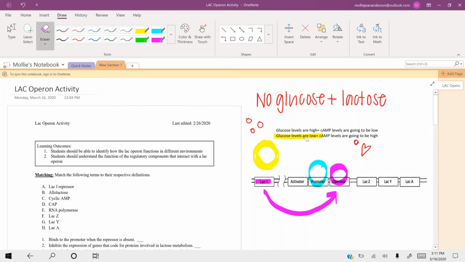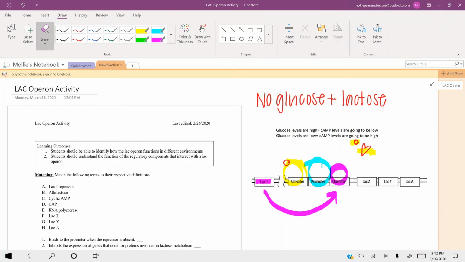So, we know that there's no glucose. Since there's no glucose, cAMP is going to bind to CAP. And then when cAMP binds to CAP, CAP is going to bind to the activator, therefore allowing RNA polymerase to more quickly bind to the promoter. Well, in our example, we also know that lactose is present. What happens when lactose is present? Well, when lactose is present, we also know that its isomer allolactose is present. As we learned earlier, what happens when allolactose is present?